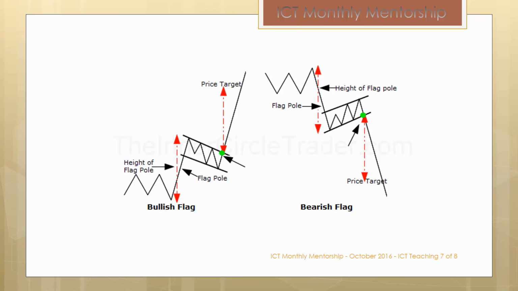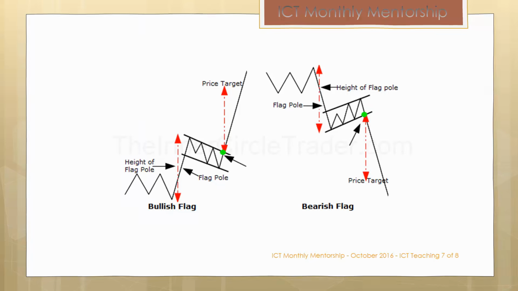In other words, what the flagpole measurement would be, and adding it to or subtracting it from that consolidation to give us a price target. And that's great. Well, I'm not trying to teach you the continuation pattern here because it's obviously pretty general knowledge. I want to teach on how the markets can actually give us these false patterns, and we can take advantage of that.